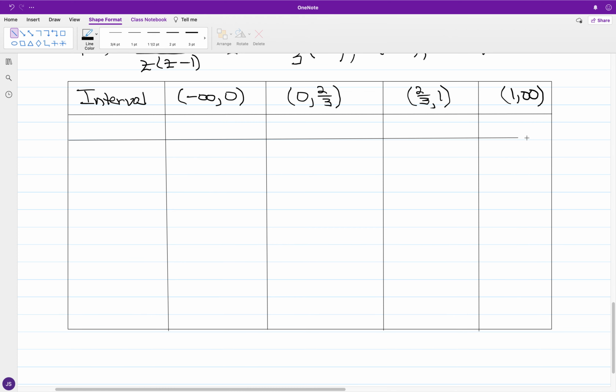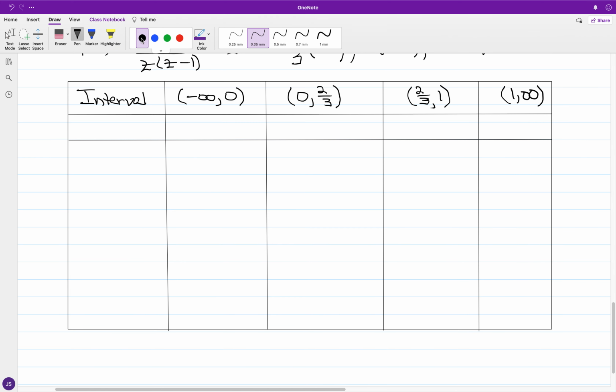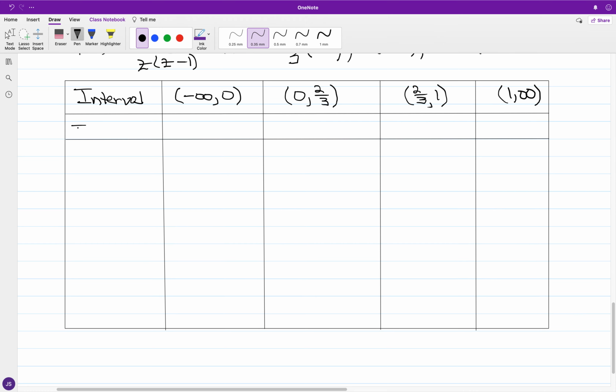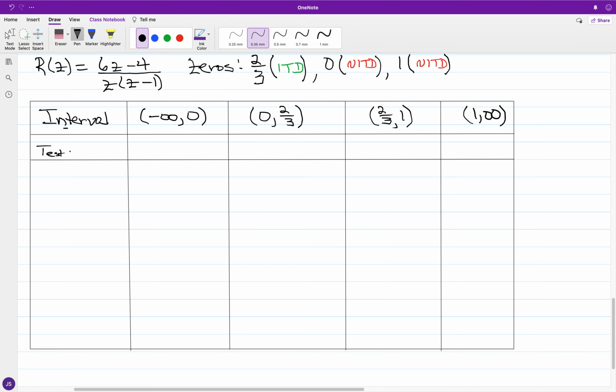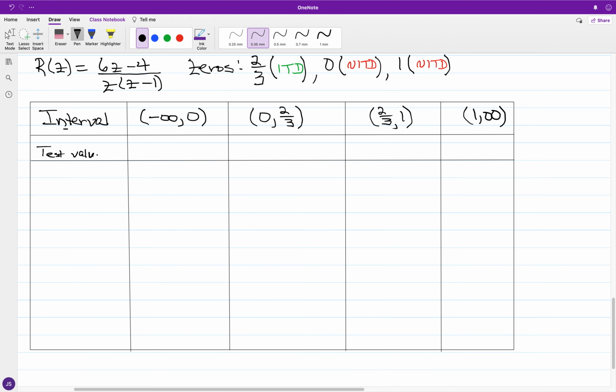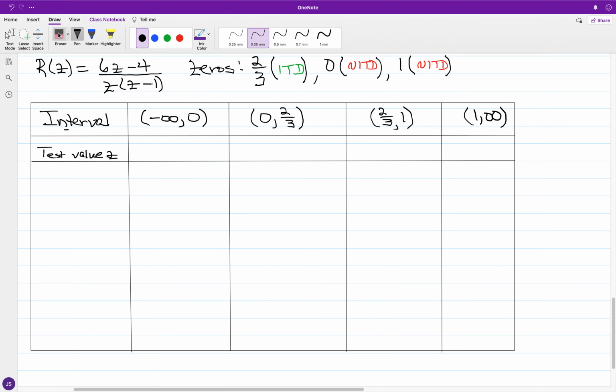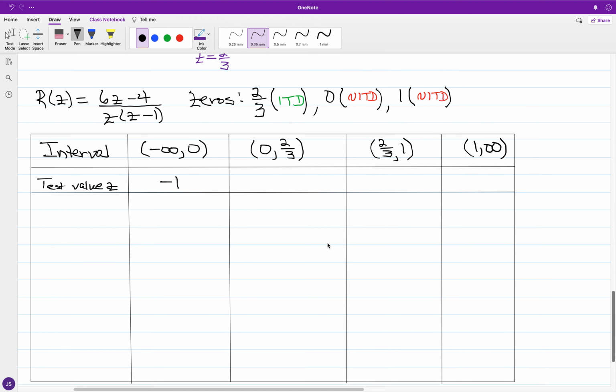Now we have the inputs, and we're working with the letter z. For anything less than 0, we can go with -1. Anything between 0 and 2/3, I cannot select an integer, so we'll say 1/3.